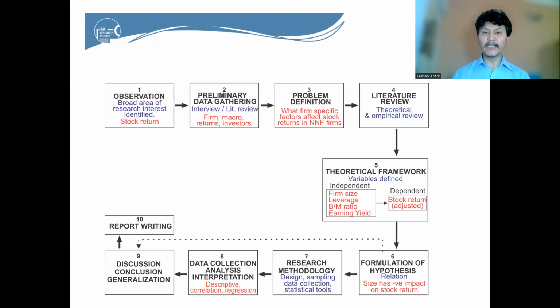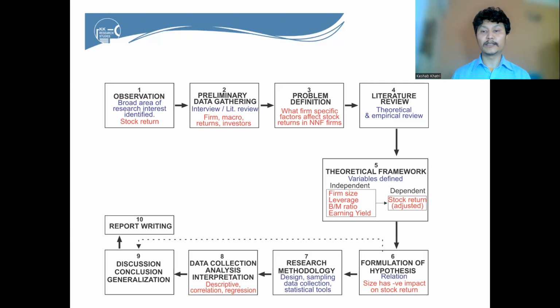So literature review generally gives us a sound theoretical knowledge, and at the same time, it gives us a good understanding of the empirical findings that will be very much helpful while we come to the conclusion part at the time of discussing our results.